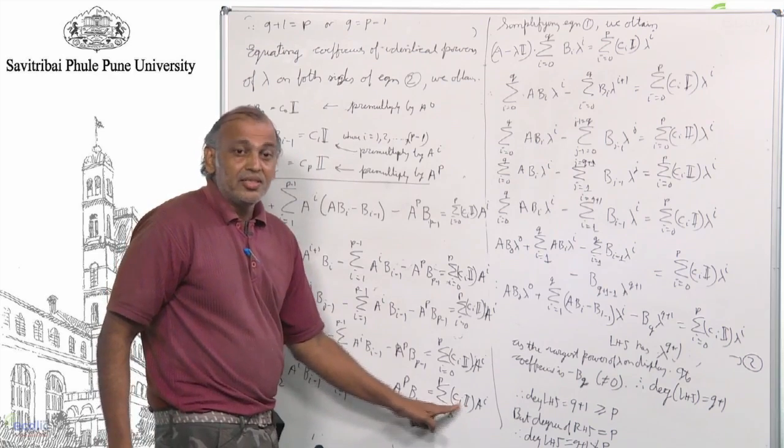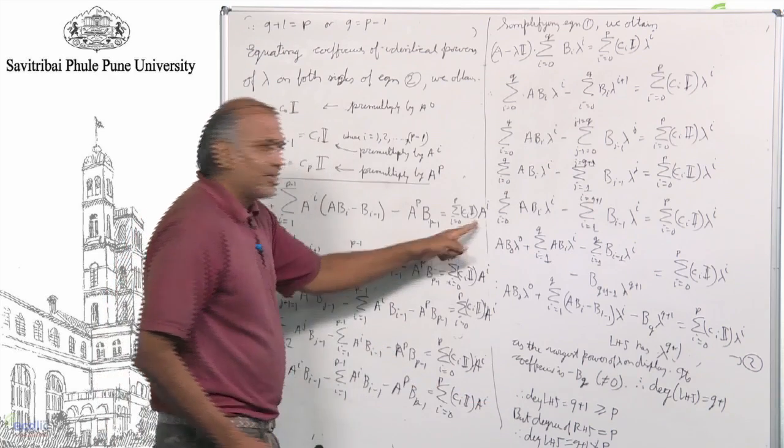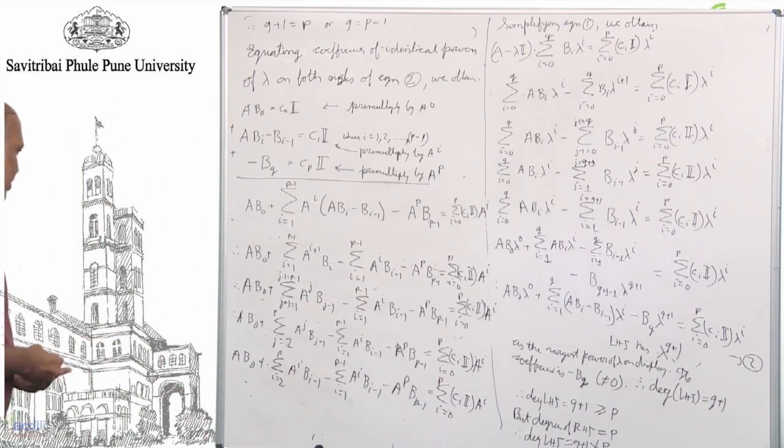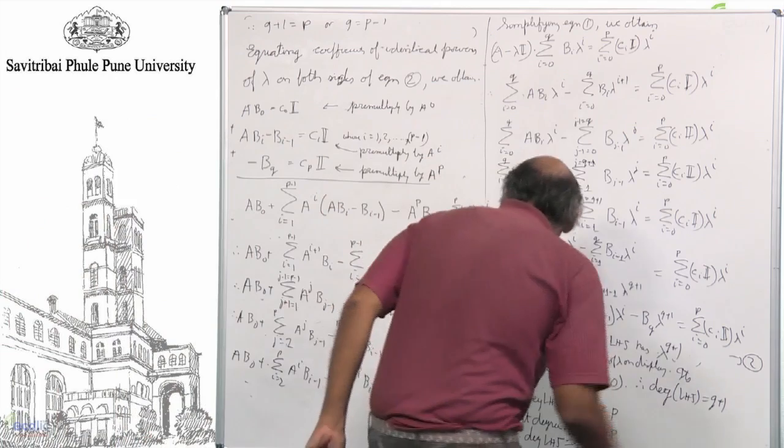You could simply say C_I A to the power I. Since I had that mistake of lambda, I was doing this. Okay, so if you want, I can just make this change here.